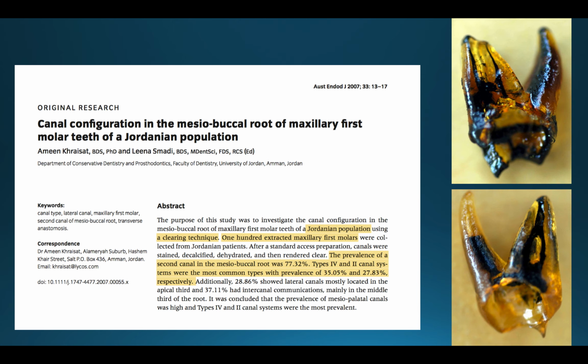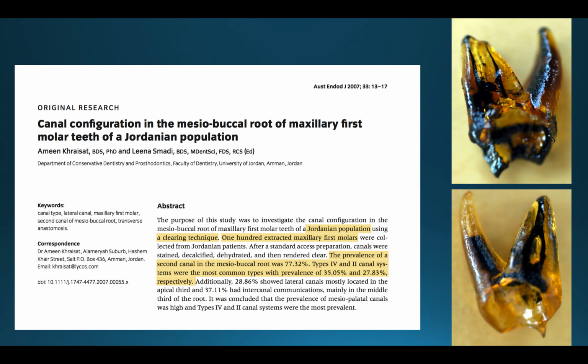Of these teeth, 35% showed a type 4 canal system and 27% showed a type 2 canal system in the mesiobuccal root. This study was conducted using the tooth clearing technique, where they cleared the extracted teeth, injected ink into the pulp space, and studied the root canal anatomy.